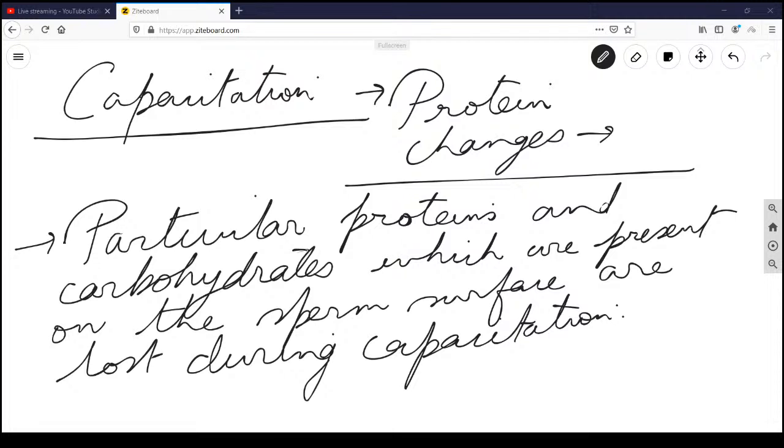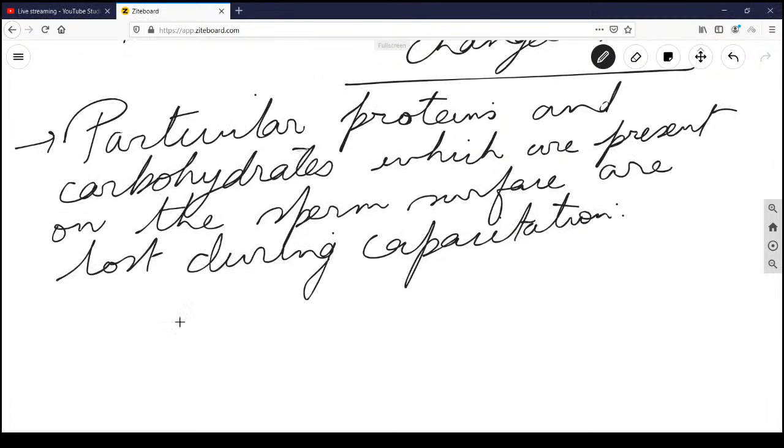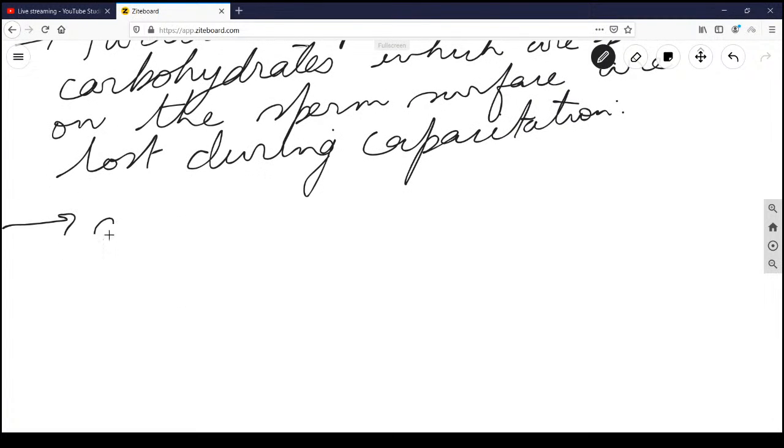Next effect will be that the membrane potential of the sperm cell will become more negative as the potassium ions start leaving the sperm. We had talked about the membrane potential in the last class.